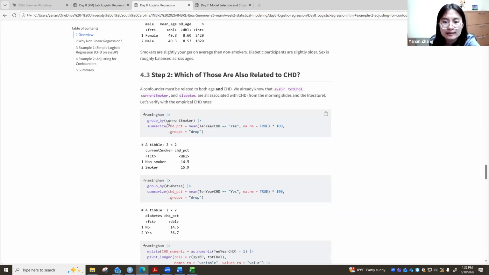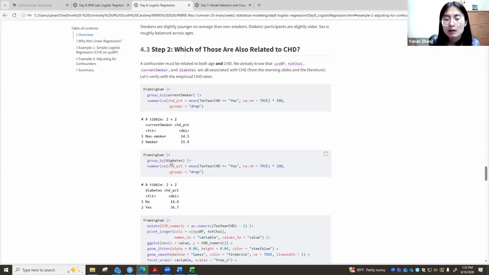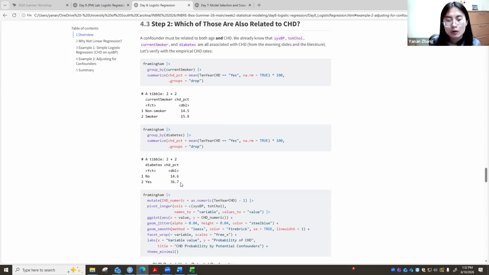So let's look at the smokers. Among smokers, the probability of developing coronary heart disease is about 16%, compared to 14.5% in non-smokers. I would say yes, smoking is related to coronary heart disease. How about diabetes? Oh, it's even more dramatic.